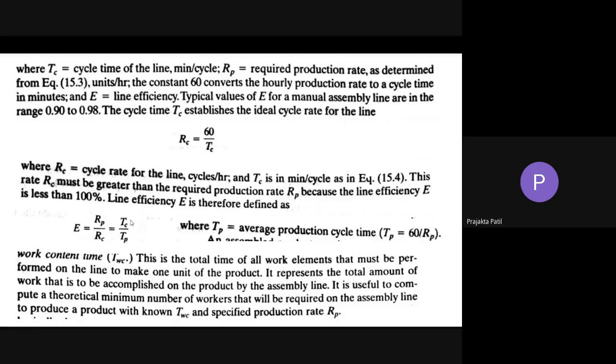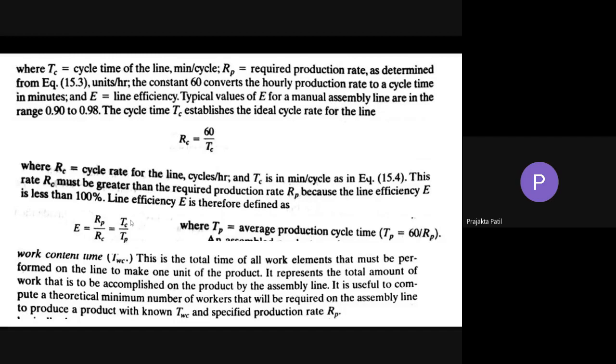So an assembled product requires a certain total amount of time to build. That time is nothing but the work content time, that is T subscript WC. I'll repeat: the total time required to assemble a particular product is called the work content time.